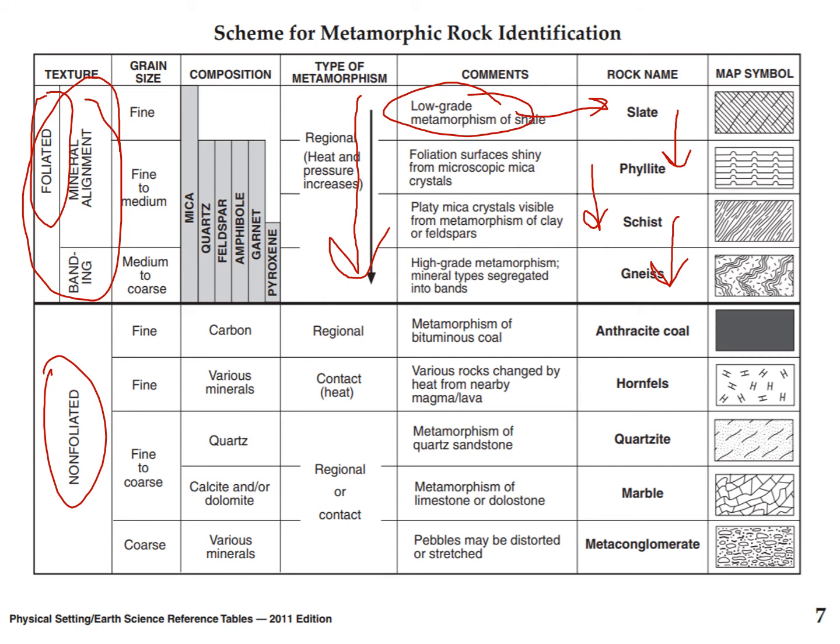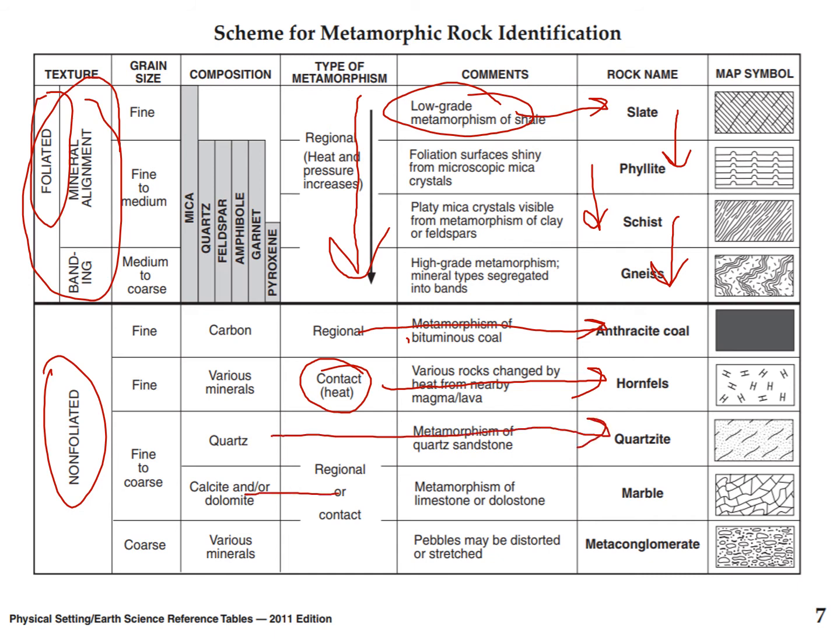Down here, the non-foliated, these are what happens to different pre-existing rocks when you hit them with heat and pressure. So if you have bituminous coal, it turns into anthracite coal. If you have contact metamorphism, remember when you're touching a lava tube or a magma chamber, you just generally group all of that into hornfels, but you can also call it the equivalent of whatever it would have turned into. In other words, if it's sandstone, instead of calling it hornfels, you might call it quartzite.